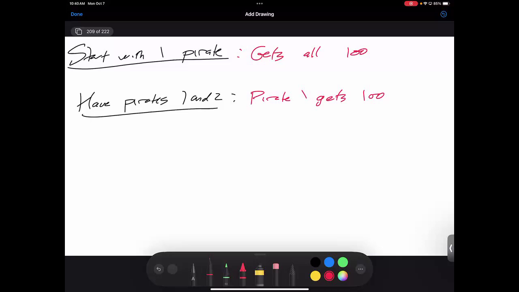Does he get to vote on his own plan? Yes. So this is the 50-50 vote. In a 50-50 vote, the way I phrased it, the motion passes. You can do it 2 different ways, and it does change things a little bit. So a 50-50 vote is enough for it to pass. Pirate 1 gets everything. So far, this doesn't look like that hard of a problem.